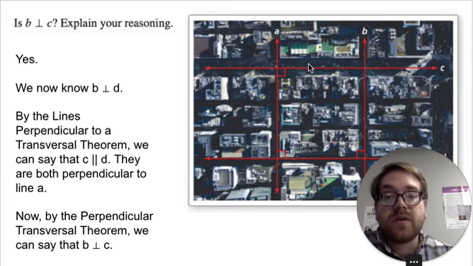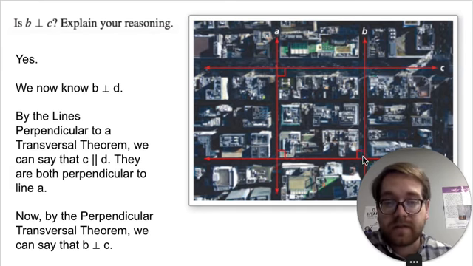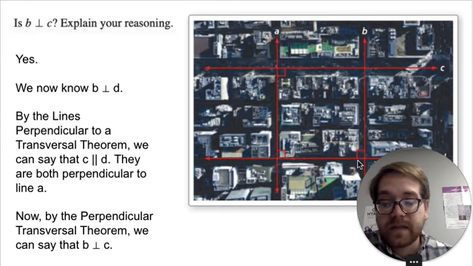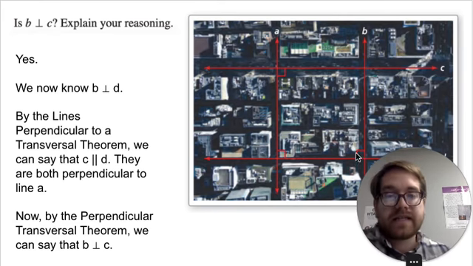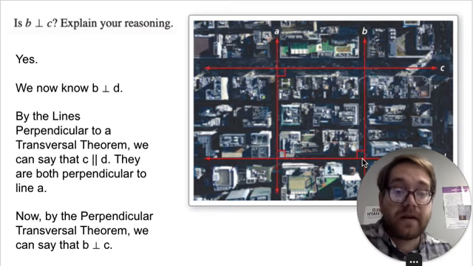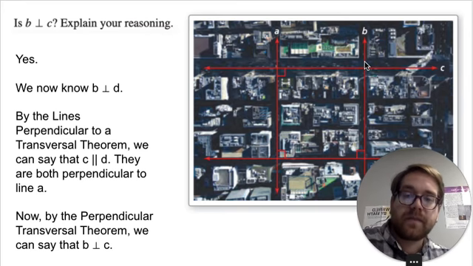So now we know that C and D are parallel to each other. If C and D are parallel to each other and B is perpendicular to D, then the perpendicular transversal theorem says that B will be perpendicular to C. That theorem says that if a line is perpendicular to one of the parallel lines, it's also perpendicular to the other parallel line.